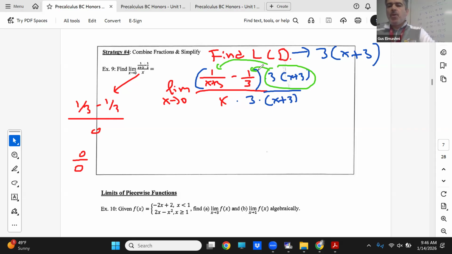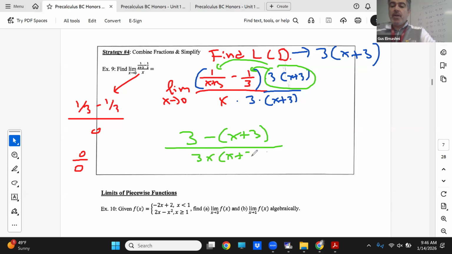So take a close look at 1 over x plus 3 in red. Multiply it to the LCD, 3 parentheses x plus 3. What happens when I multiply the fraction 1 over x plus 3 to my LCD? What crosses out? So you get 3. And what if I multiply the other fraction, 1/3, to the LCD? What crosses off? So you get that. And the bottom becomes this.